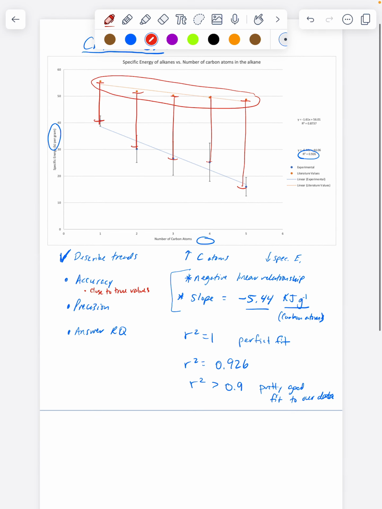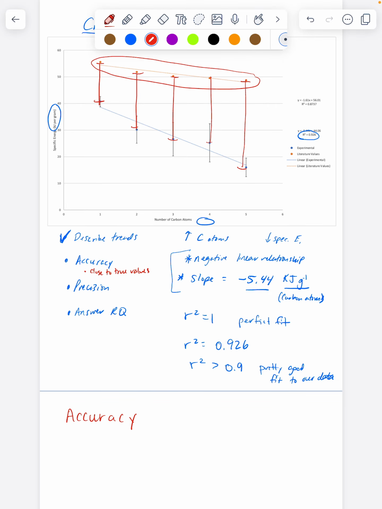If I was going to talk about this, I would say that in terms of accuracy, in both the literature values and the experimental values, we have this negative linear trend.